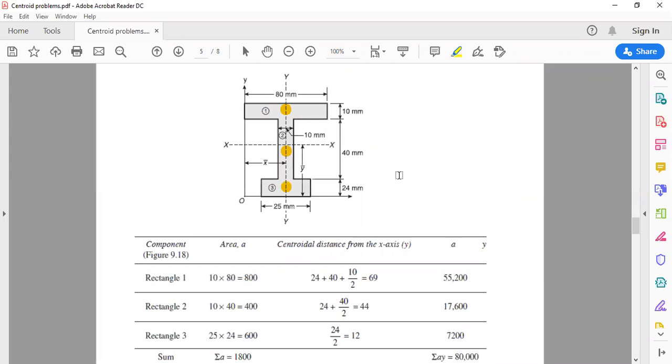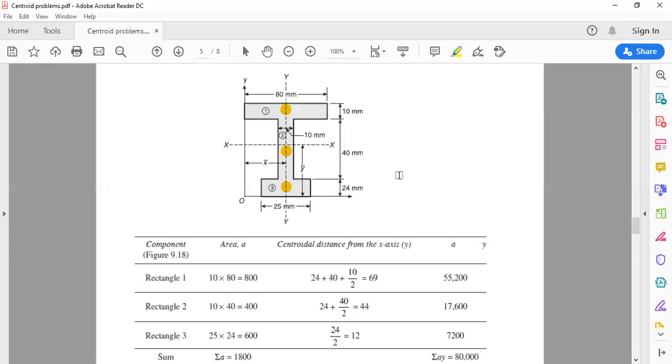In this diagram, if you have a close look, see whether there is any axis of symmetry in the diagram. Axis of symmetry means what? If you fold the given section along that axis, then the corners should coincide.